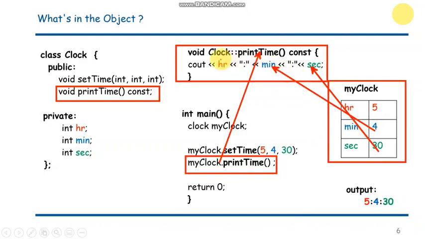It will read the minute. It will also read the hour. When it has done that, it is going to display, you see the cout statement here. That then makes it possible for us to see what's in the object.